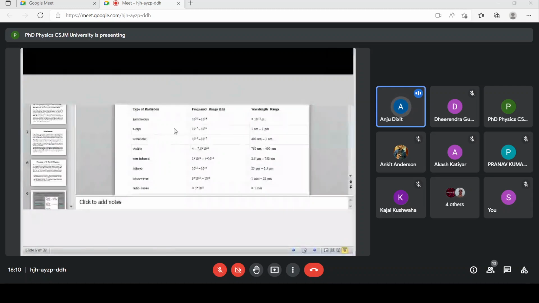Visible light has a wavelength from 400 nanometers to 750 nanometers, but X-rays have a wavelength from 1 picometer to 1 nanometer, which is much less than visible light. In other words, they have more energy than visible light, which means they have more penetrating power. Since X-rays have a smaller wavelength than visible light, they have higher energy and are more penetrative.